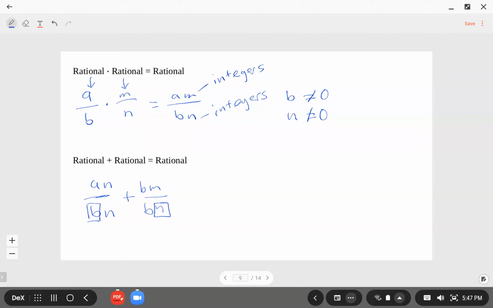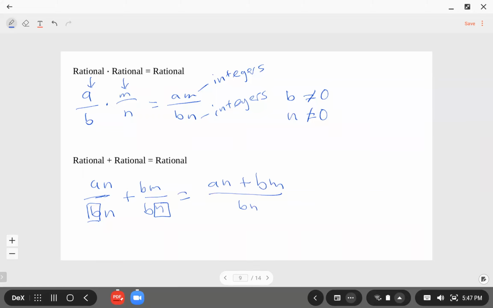We get a common denominator of b times n, and then we can add them together. The top will be an plus bm, over bn.